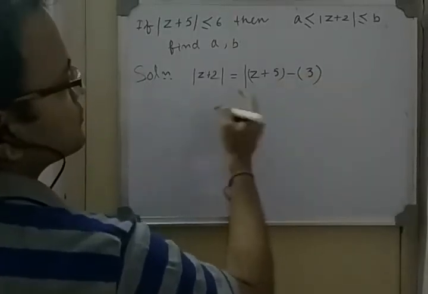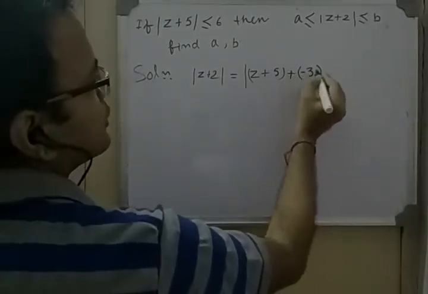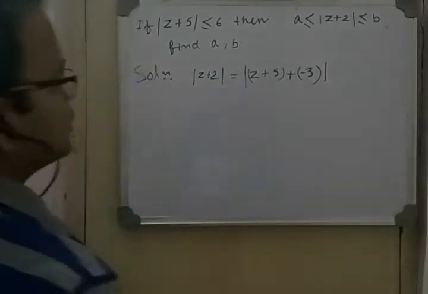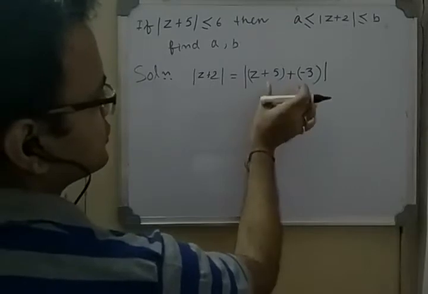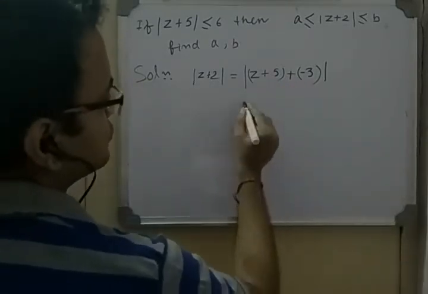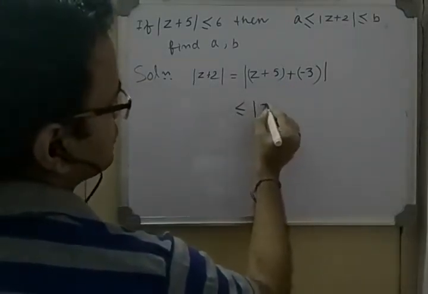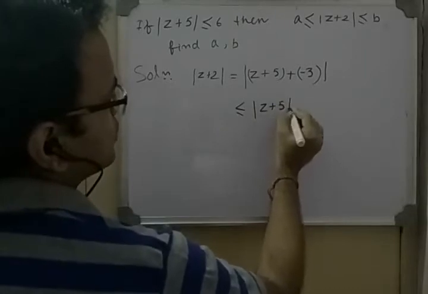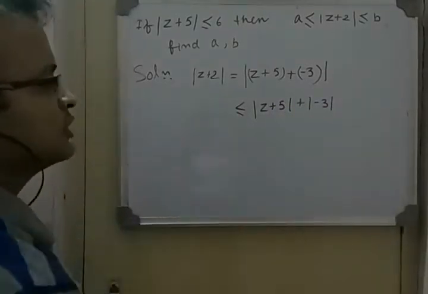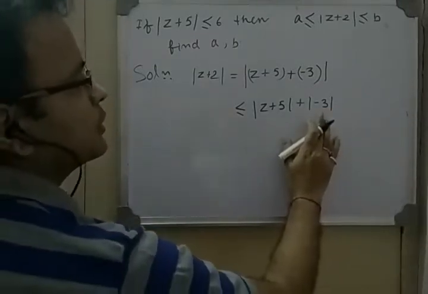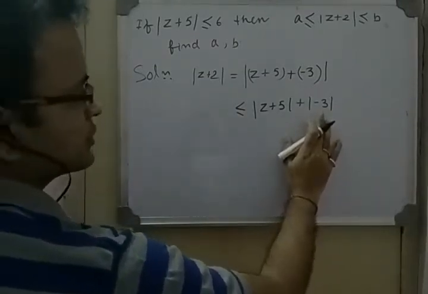Or I can write it this way. Mod z1 plus z2, this is in the form of mod z1 plus z2, so it is less than or equal to mod of z1 plus mod of z2. Here again this is a real number, but it will be treated as a complex number.